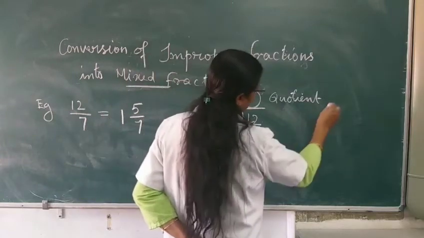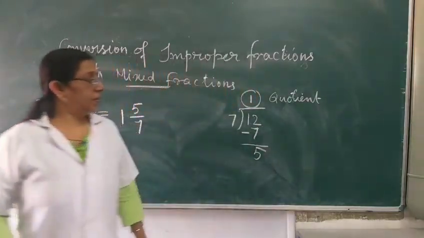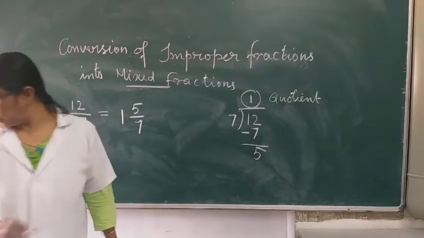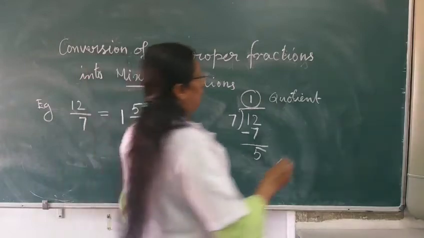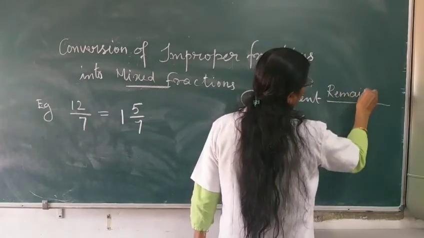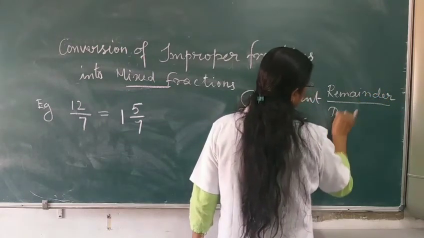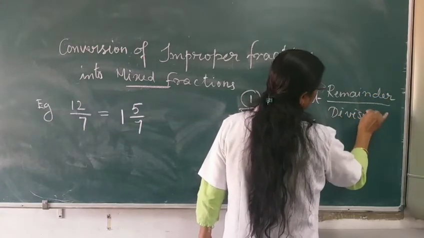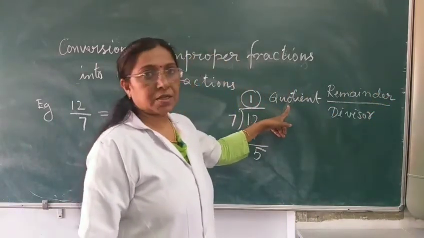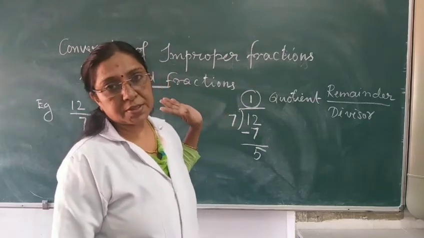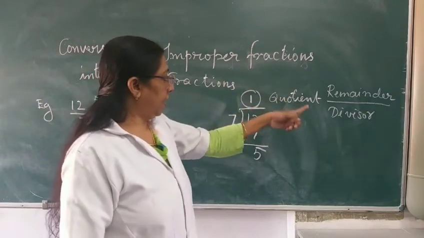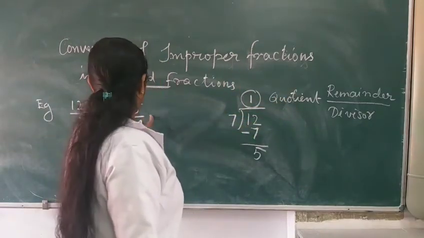See, this is quotient, remainder, divisor. Remainder and divisor form the proper fraction. This quotient is the whole number. Children, in this mixed form, the quotient is the whole number and the remainder and divisor mean the proper fraction.